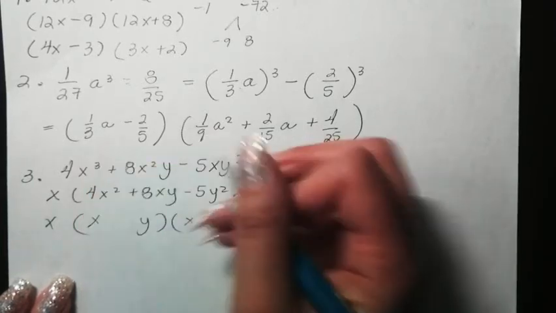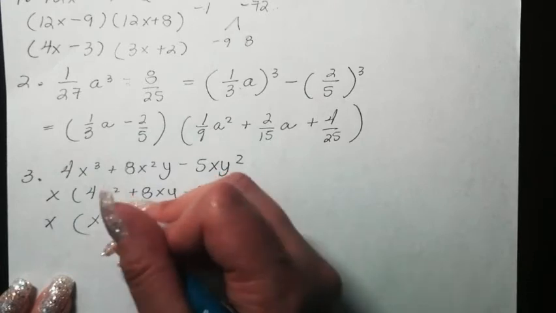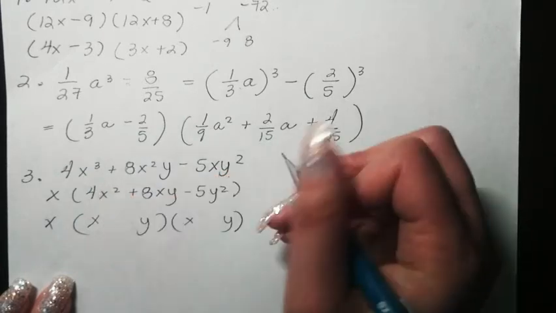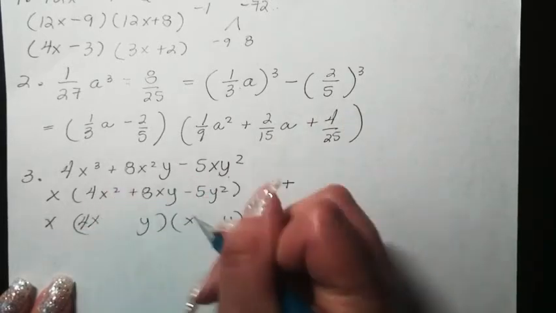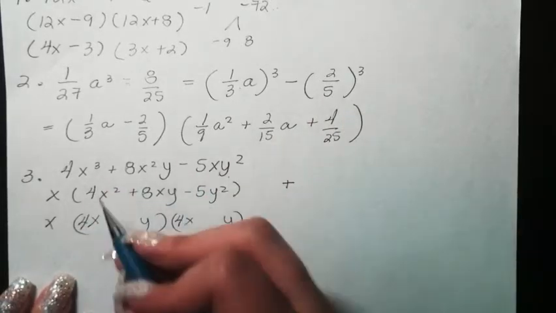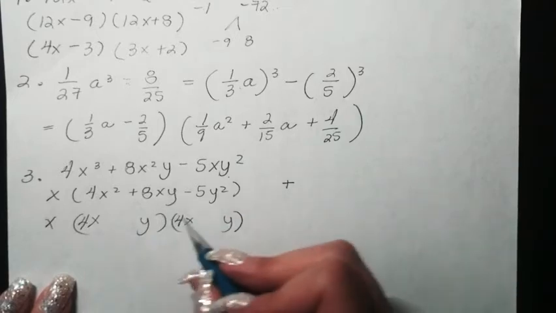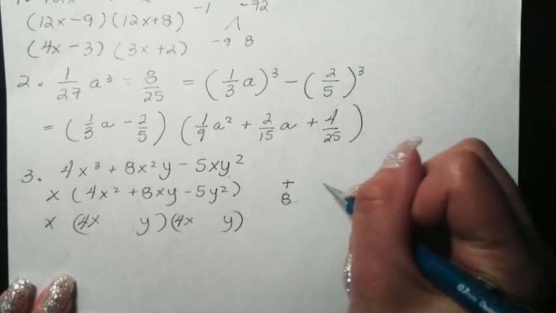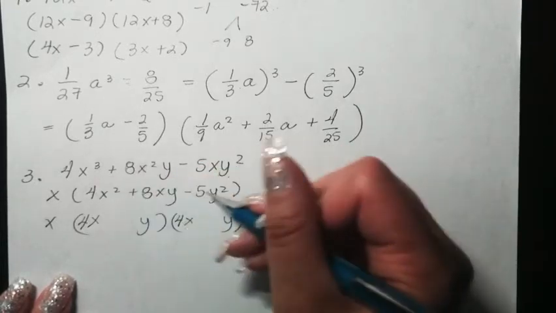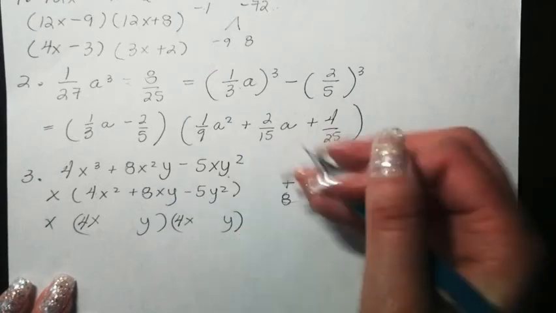Since I need to do my AC method, I put the 4 here and here, the same method as before. I want two numbers that add or subtract to give me 8, and when I multiply them give me 4 times negative 5, which is negative 20.